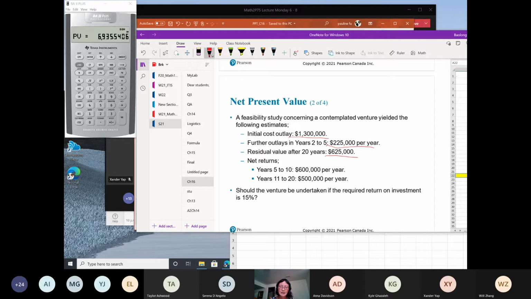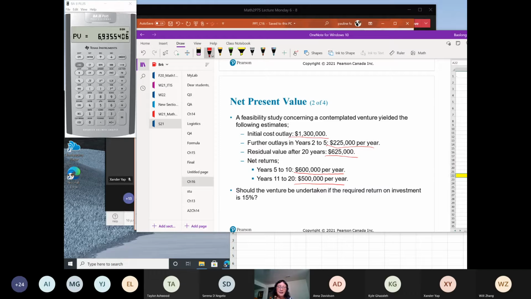And then net returns from year 5 to year 10, you have 600 per year. Year 11 to year 20, 500 per year. The question is, should the venture be undertaken if the required return on investment is 15%? So that is the question.